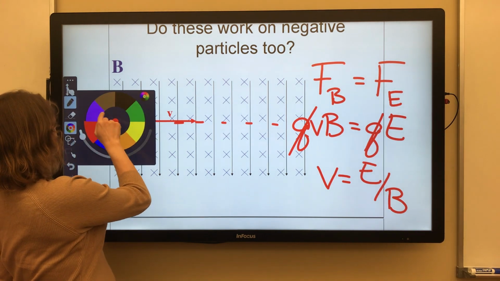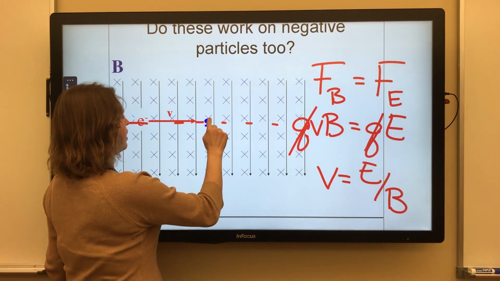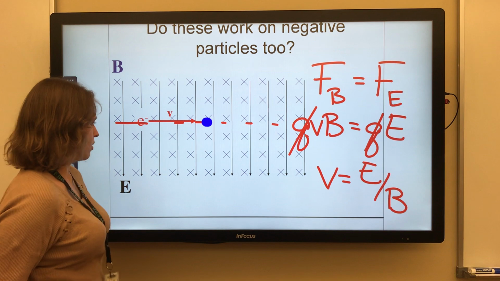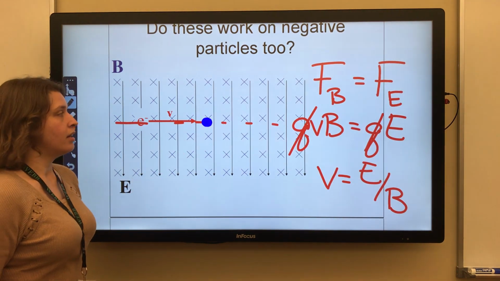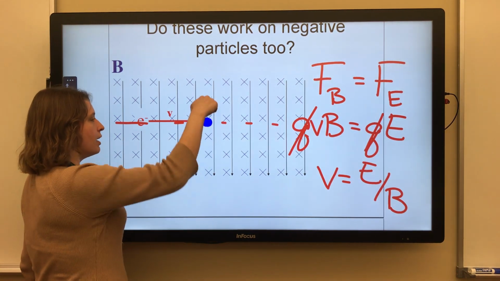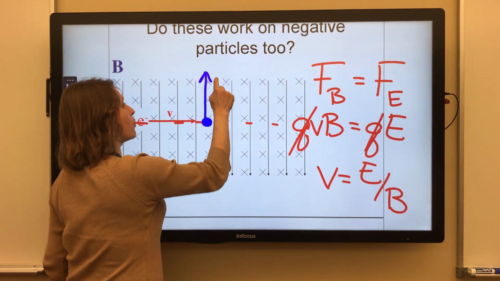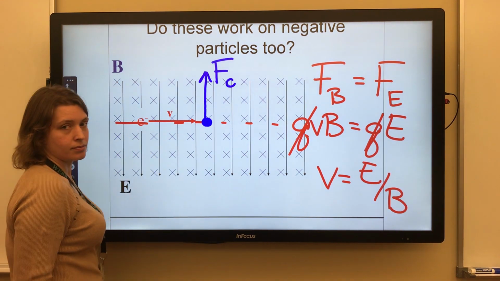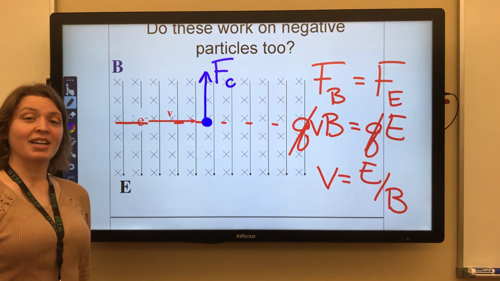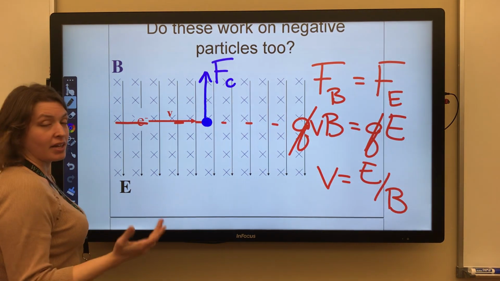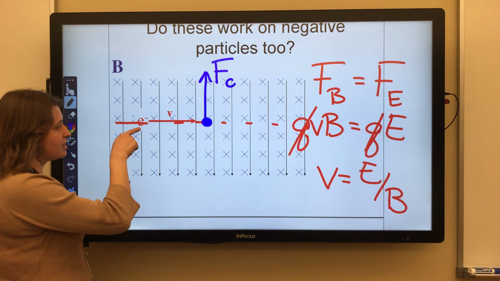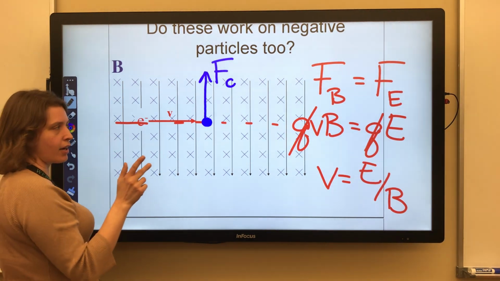But let's think about the direction of the forces. So if I have a negatively charged particle in this electric field, and my electric field is pointing downward, it is going to experience an upward Coulomb force. How about our magnetic force? So if I have this negatively charged particle, remember we're going to do a right-hand rule.